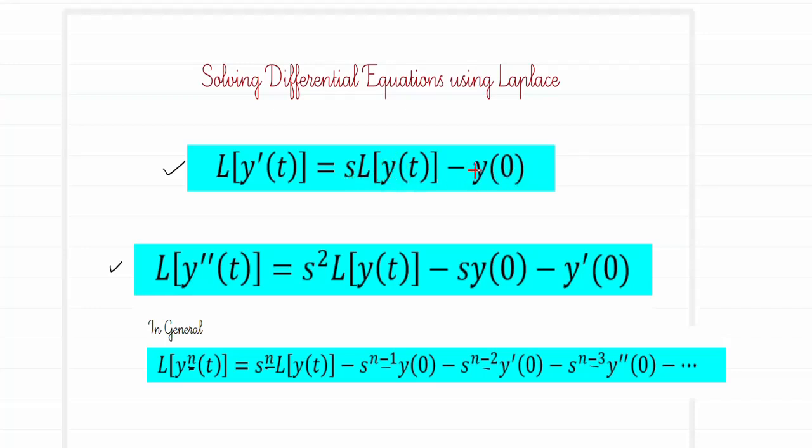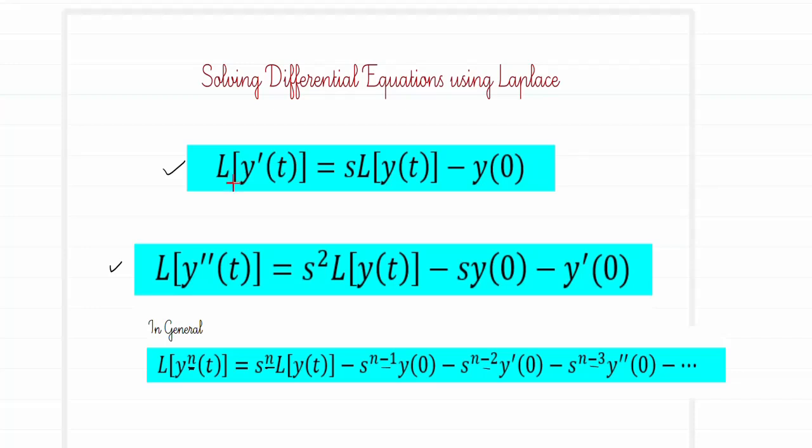Apart from the first term, all the remaining terms are negative. Laplace of y double dash of t is s square Laplace of y of t minus s y of 0 minus y dash of 0. If the general formula is memorized and you put n as 1 and n as 2, you will get the first two formulas.